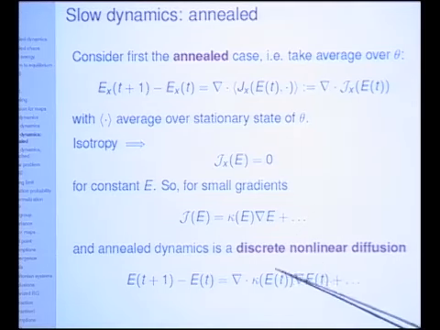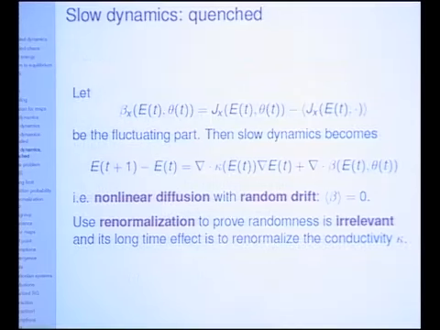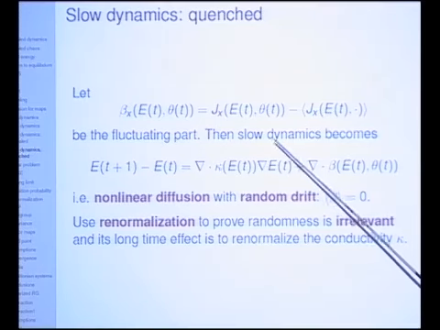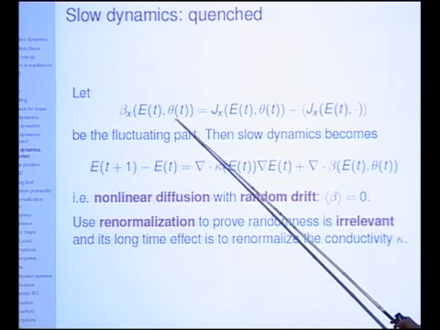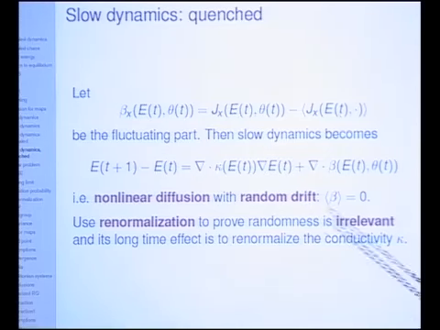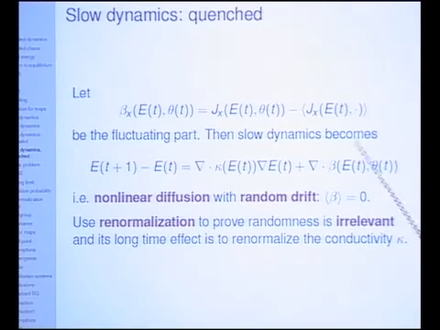So the average, the annealed dynamics, will satisfy a discrete nonlinear diffusion equation. Of course, depending on the model you are looking at, this can be rather bad. It need not be an elliptic diffusion at all. What we will do is start with a model where this is nice. Then if you look at the quenched dynamics, this was a true drift. Let's call beta the fluctuating part, the thing where you subtract the average.